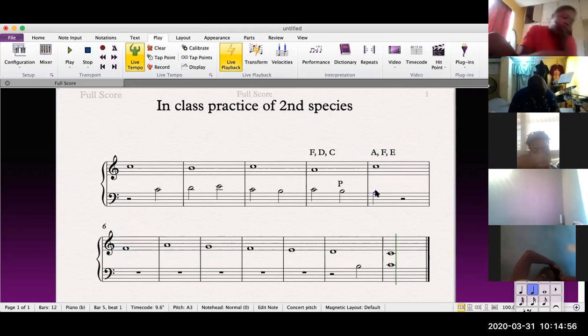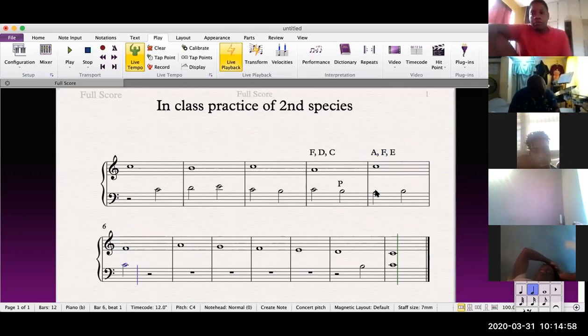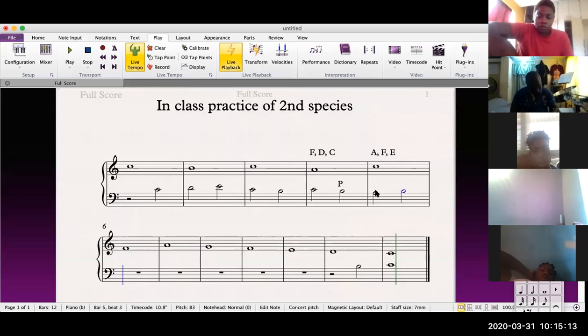Well, let's just look at some options. A, B, C. Right, we're going up by step. Can we do that? So the C to F, that's a fourth, so we can't do that because that's a dissonance. So we can't just go up by step.